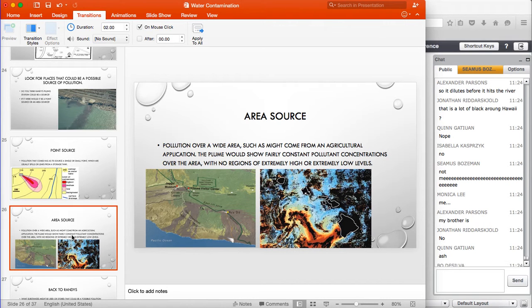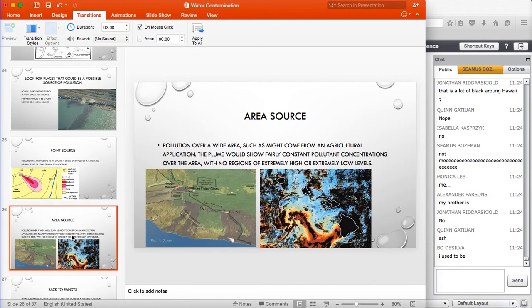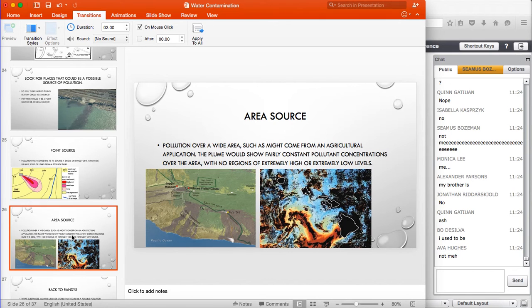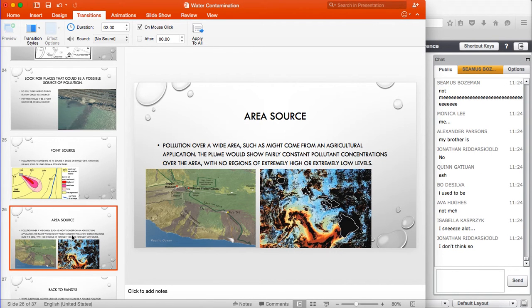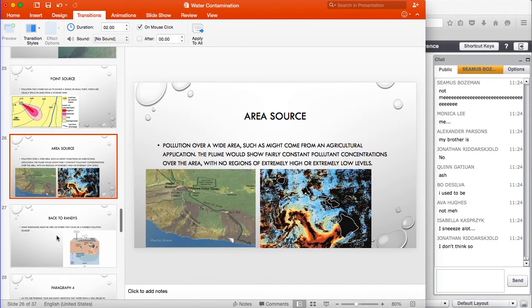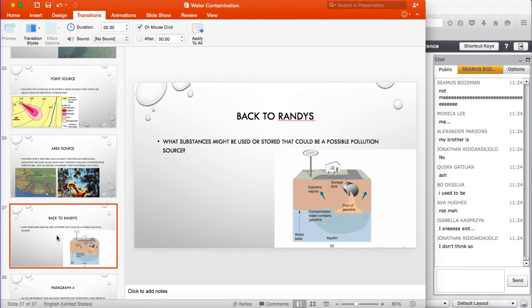That asthma is triggered by that fog, which is a large area, because the volcano puts up a whole lot of stuff, and all that sulfuric acid inside of the clouds spreads out over a super large area, so that would be more of an area source pollution as opposed to a point source pollution. All right, back to Randy's.